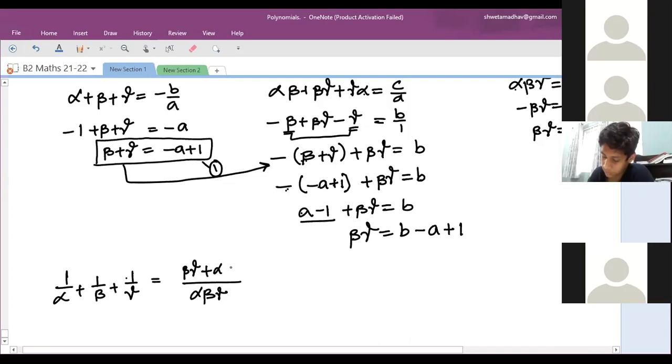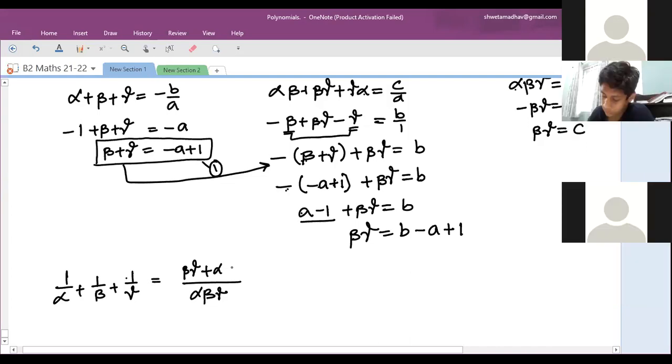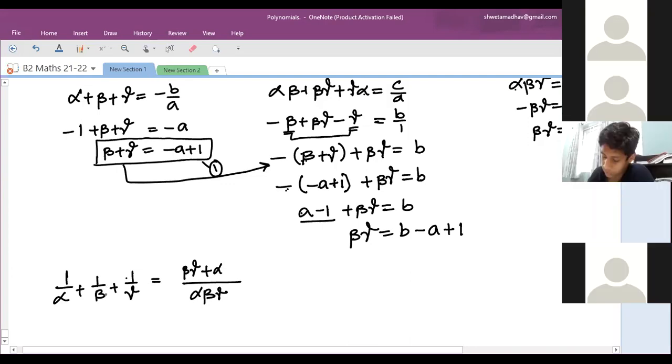What are you telling? See the question first and tell me properly. We need to find the fraction with the three relations. Wait, Shayan, let him explain. It is beta here, so with which you have to multiply the numerator? With alpha gamma. And then the third one, alpha beta.